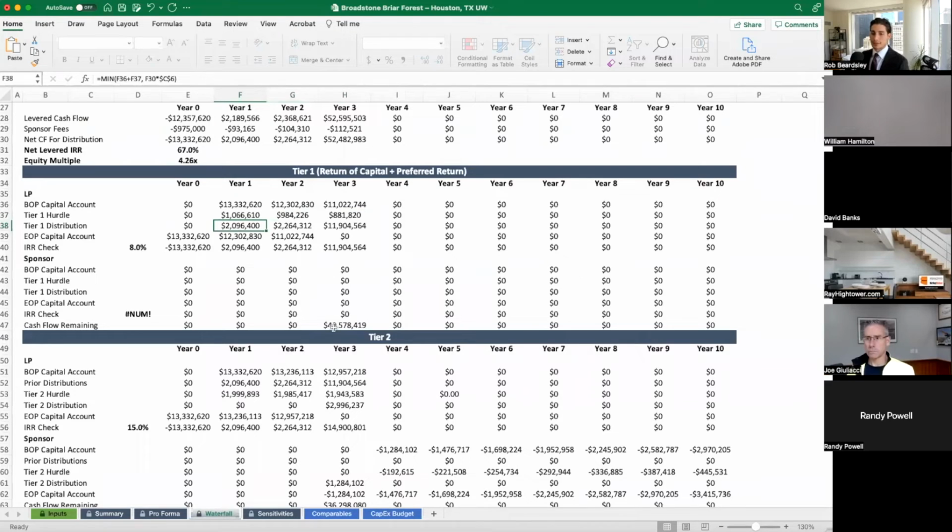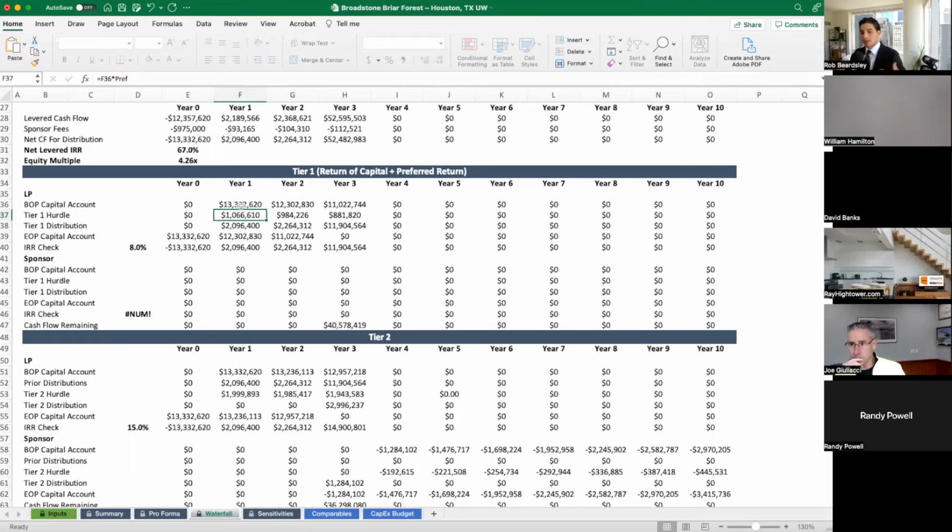So here you can see, if we're distributing 2 million in year one and the preferred return is only 1 million based on the 8% pref, the end of period capital account is going to shrink by $1 million, right? You can see it started at 13.3, goes down to 12.3. So now the 8% pref in year two is only 984,000 instead of 1,066,000.